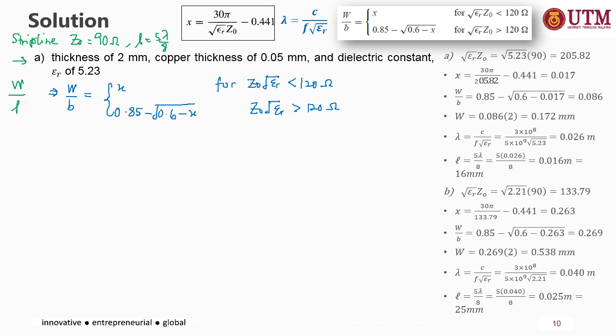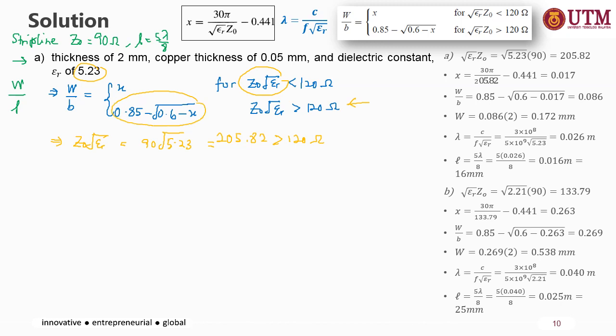To choose which one, you need to calculate Z0 root epsilon r first. Your Z0 given is 90, and the epsilon r given for the first case is 5.23, so you get 205.82, which is larger than 120 ohm. Therefore, you'll be using this.